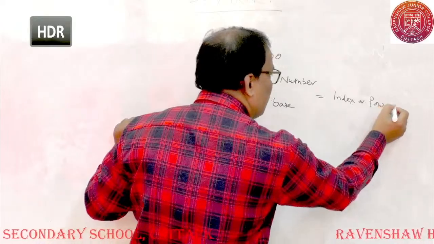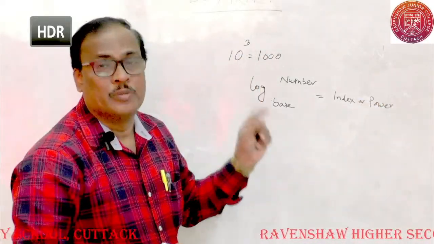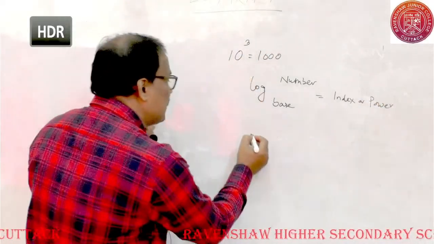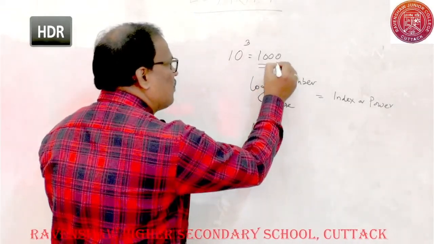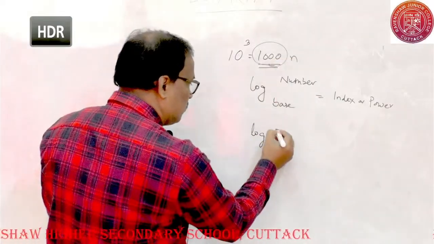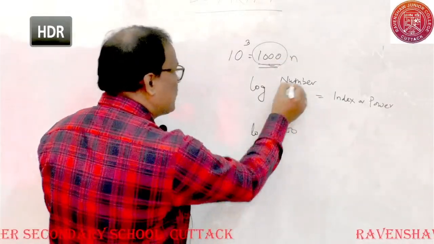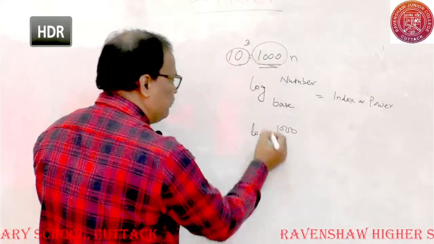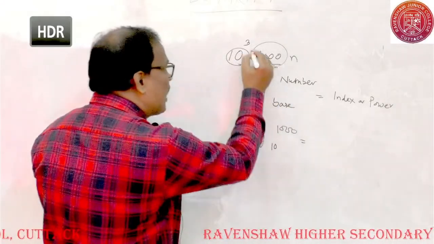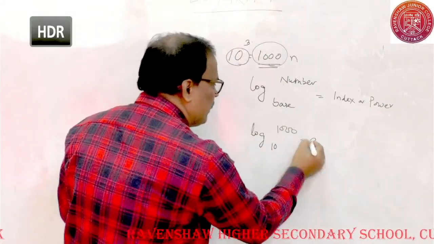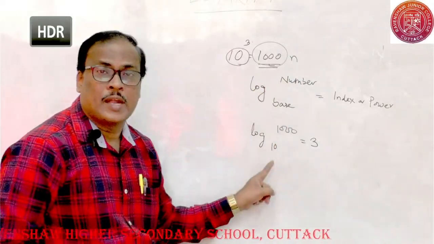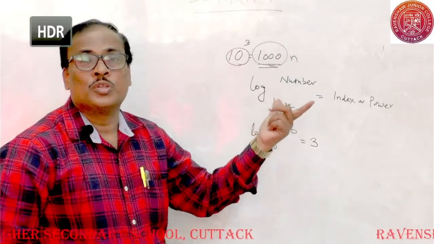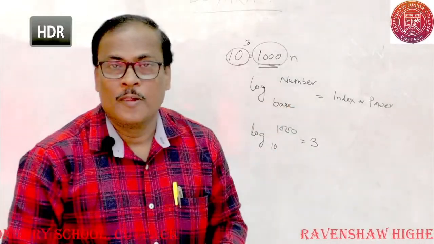This is your logarithmic format. In this case, the number is 1000 and the base is 10, and the power or index is 3. So log 1000 to the base 10 is equal to 3. This is in the logarithmic format.